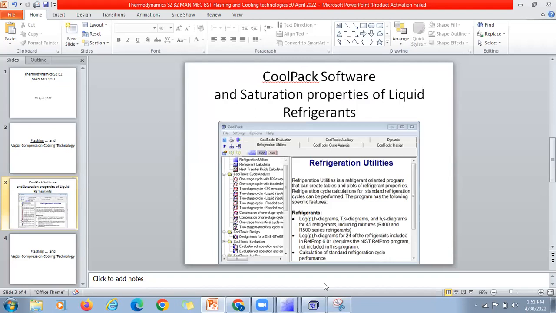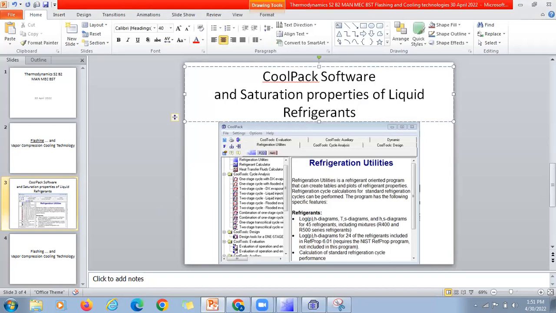You look in the web for the free download of Coolpack. This is from Denmark Technical University, DTU. They developed this, so many are using this, very useful. You can have this and it is a very handy tool really.